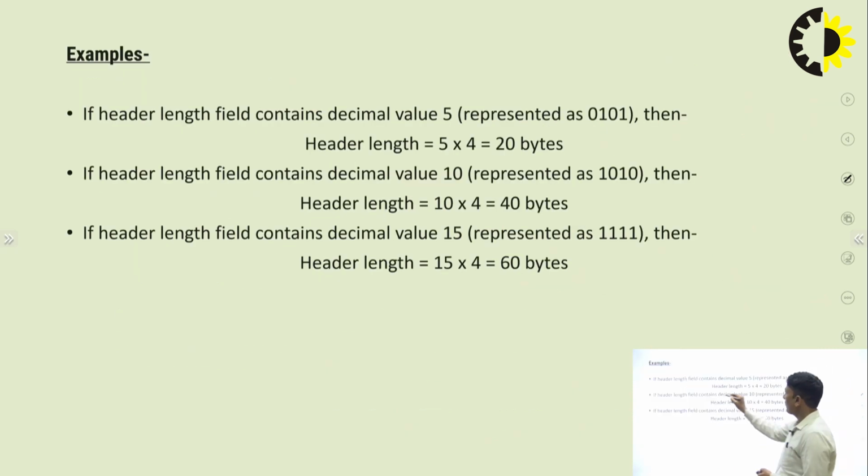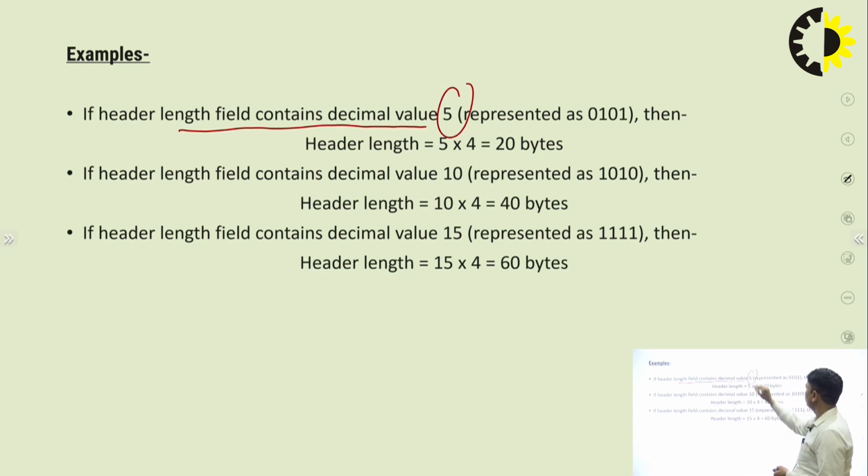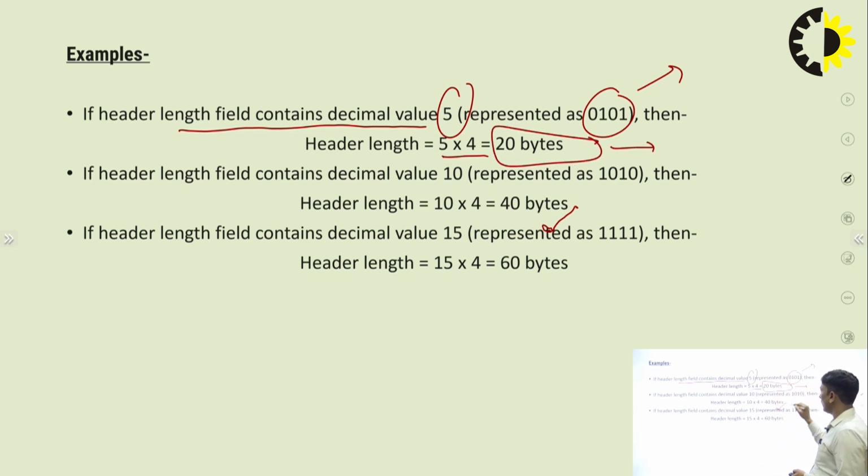For example, if the header length field contains decimal value 5, in binary 4-bit representation 0101, you cannot say the header length is 5 only. We have to multiply by the scaling factor: 5 into 4 is equal to 20 bytes.